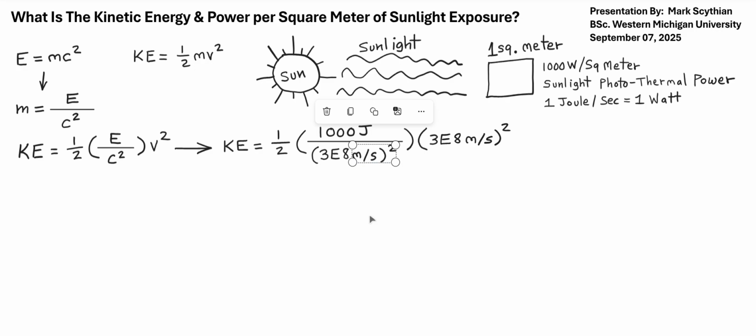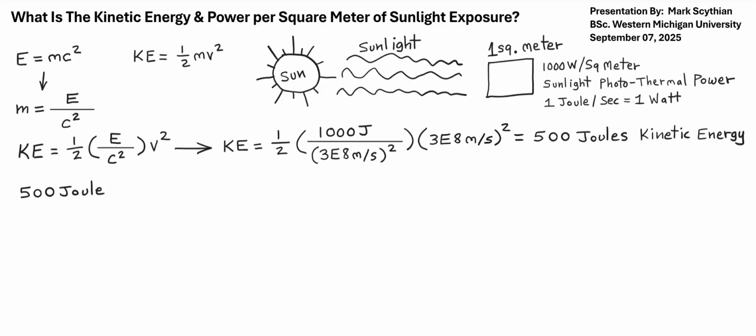So in this case, v squared is equal to c squared. So if we make this calculation, it's always 1/2 the equivalent energy from the source photothermal energy of 1,000 joules per square meter. So we get 500 joules kinetic energy per square meter of sunlight exposure.